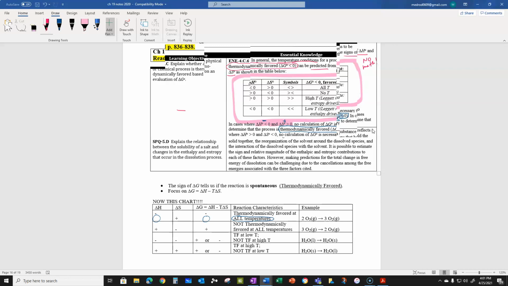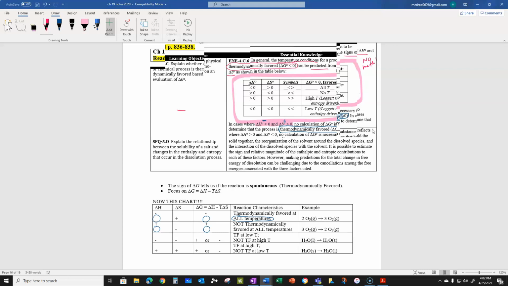It will be thermodynamically favored. In cases where delta H is now positive and delta S is negative, no calculation of delta G is necessary to determine that it is thermodynamically unfavored, because your delta G will be positive. See how the H and the G go hand in hand? When it does that, see how H and G right there are positive?